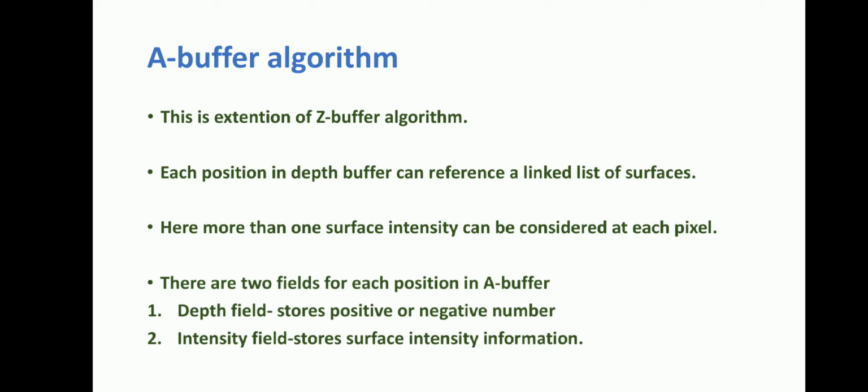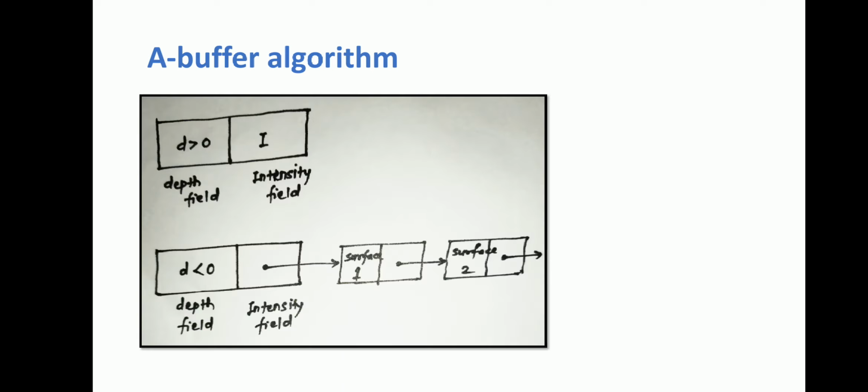If the depth field value is greater than 0, there is only one surface, which is opaque, so the intensity field directly stores the intensity of that surface.